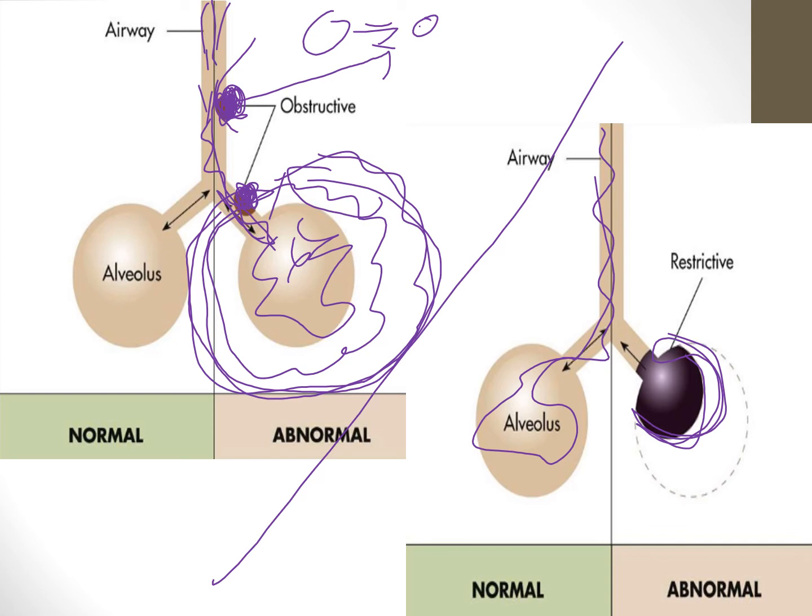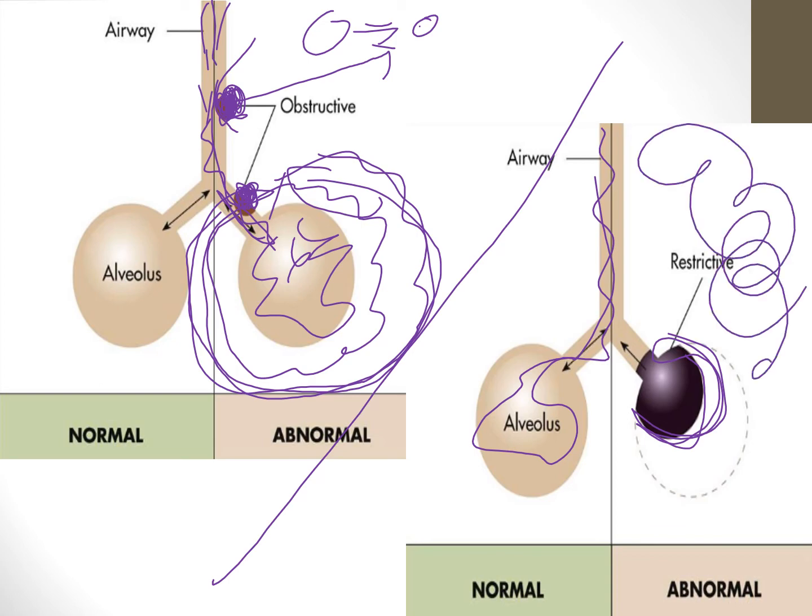Remember, it could be external, like a massive pleural effusion or a pneumothorax building up and pushing it in, or it could be the tissue itself developing scar tissue, or let's say we had cardiogenic pulmonary edema causing surfactant dilution, so the surface tension increases and it's collapsing. Either way, there's a restrictive process going on.